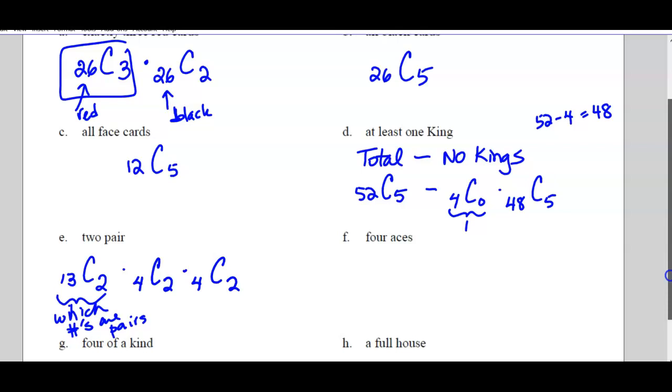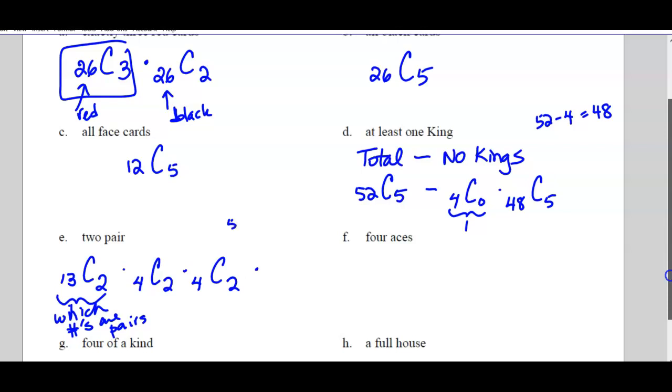Have I got all the cards in the hand yet? 2 pairs is how many cards in your hand? That's 4. I need 1 more card. How many cards do I have to choose from for that last one? Can I use any of these? No, because if I did, that would be 3 of a kind. Can't use any of these.